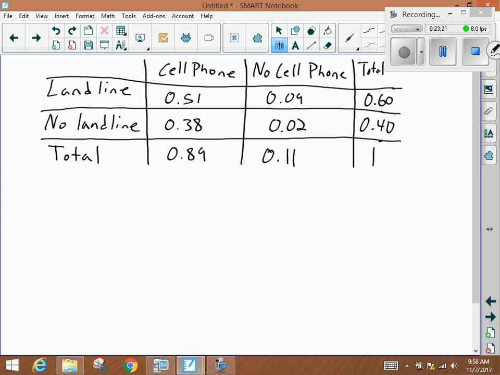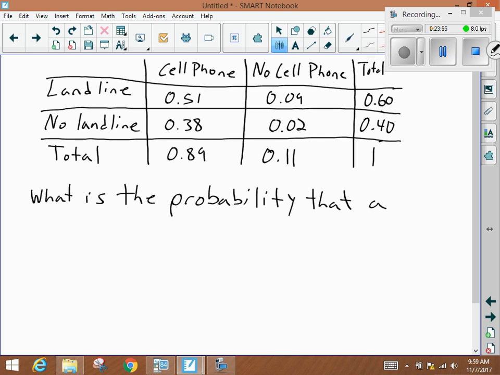All right, so let's find the probability that a randomly selected household with a landline also has a cell phone, okay? All right, what is the probability that are randomly selected households, right?